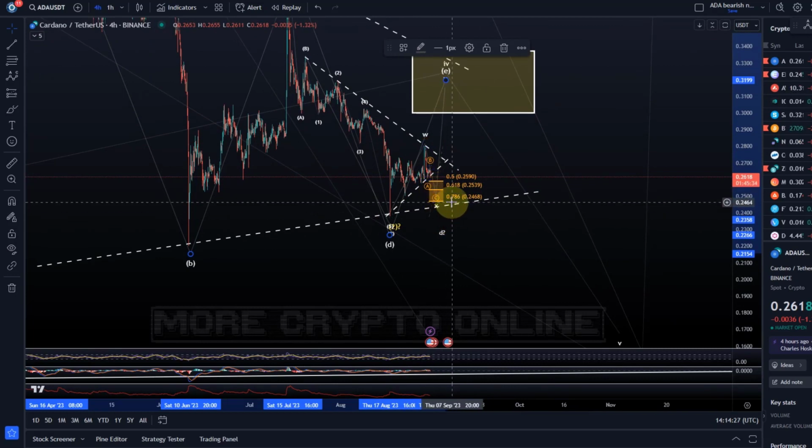At the moment, the assumption is it's finished, but below 24.6, 24.7 cents, most likely the D wave is going to reset, and it can do that as long as it doesn't break below the B wave low, which is at 22 cents, because then the triangle is broken to the downside.